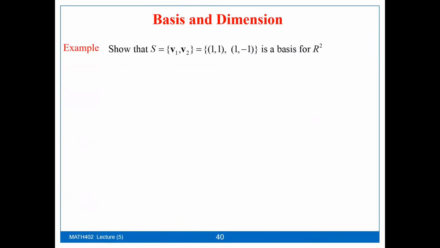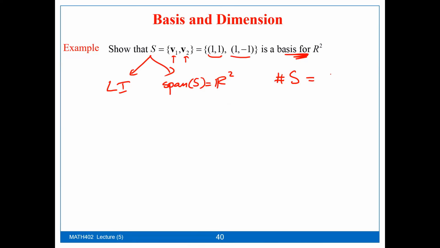Show that V1, V2 is a basis for R2. To show that this set is a basis of R2, we must show that it's linearly independent and a spanning set. But the idea is this: here the cardinal of S, the number of elements of S, is how many?